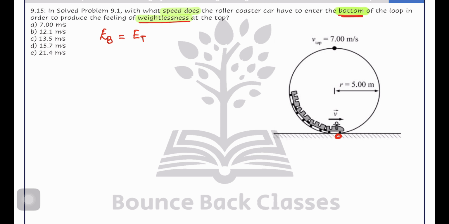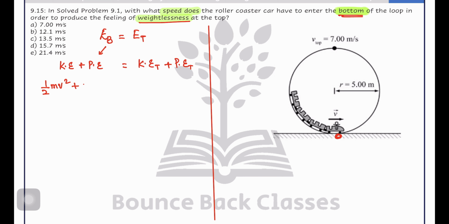Energy at the bottom: can I say the total energy is kinetic energy plus potential energy, equal to kinetic energy at the top plus potential energy at the top? Clear? So what do we need to find out? We need to find the velocity. At the bottom, half mv square plus mgh bottom equals half mv square plus mg height at top.